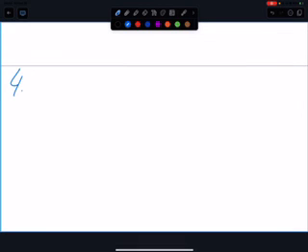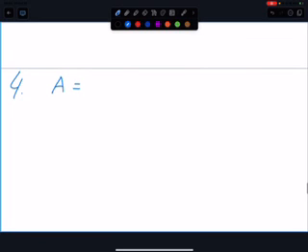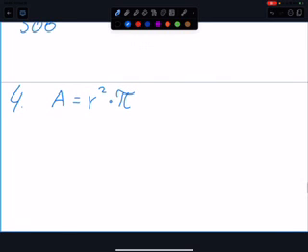So the area of a circle equals the radius squared times pi. I named the smaller one A, and I named the larger one B. So the area of the first one was 7.5 squared multiplied by pi.